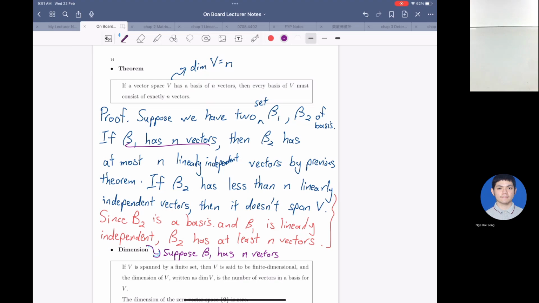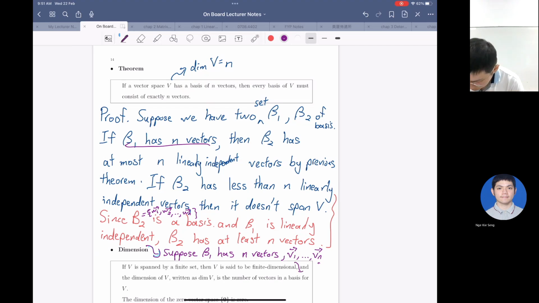This means I can express V1 up to Vn using W1 up to, maybe, Wm.